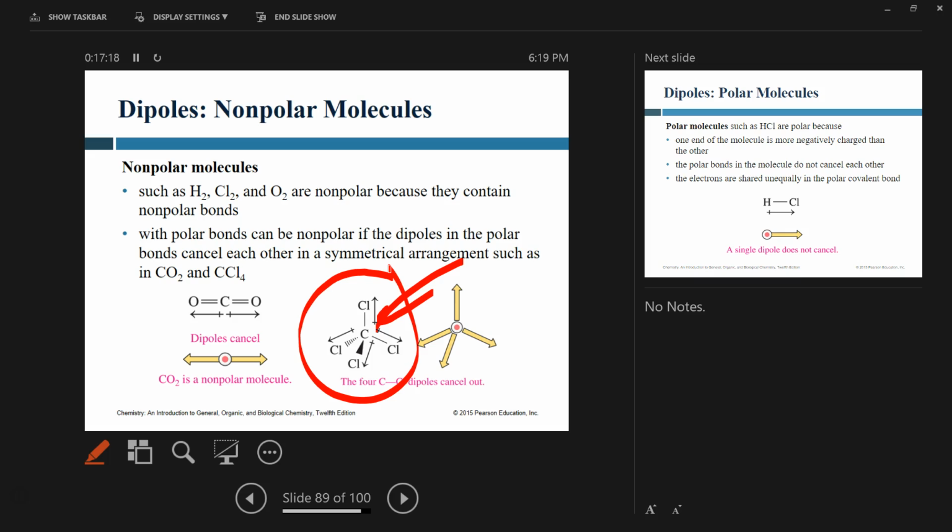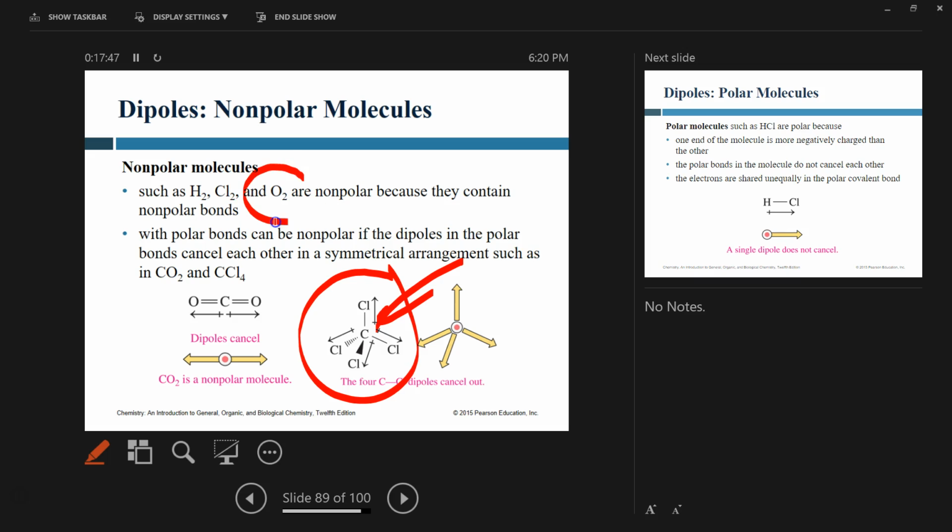Turns out, if we know the electronegativity of individual atoms and the shape of the molecule, we can predict whether a particular molecule will be polar or nonpolar. Are you following? Here's how we do it.